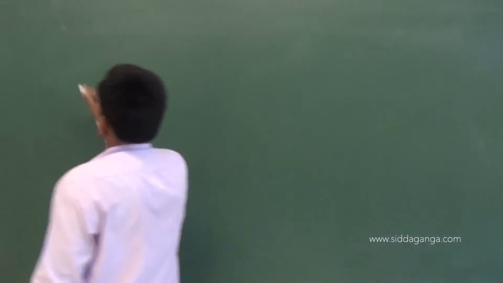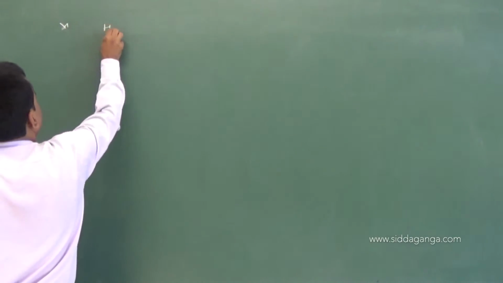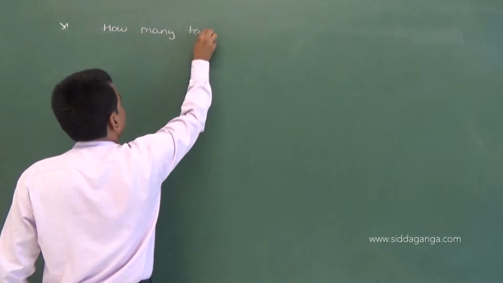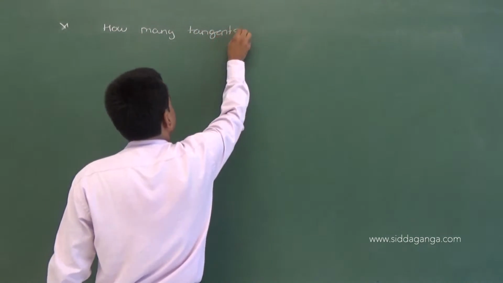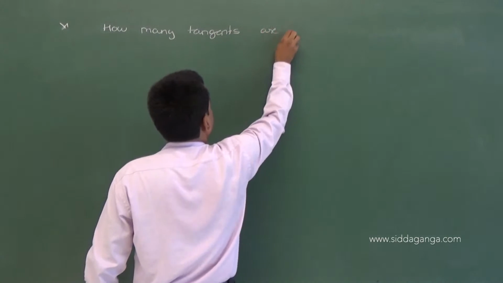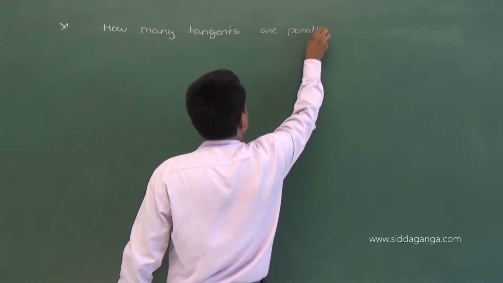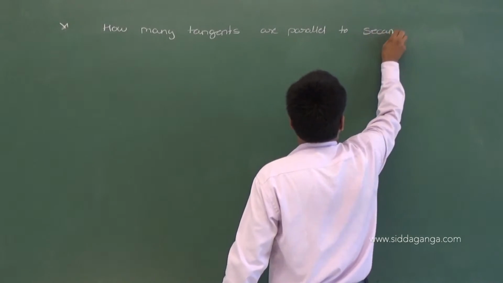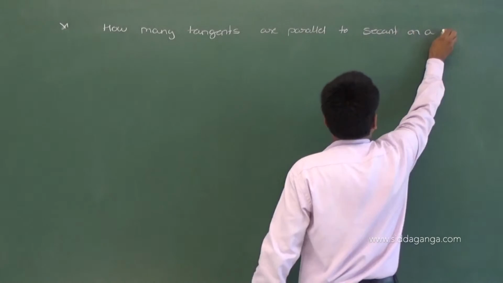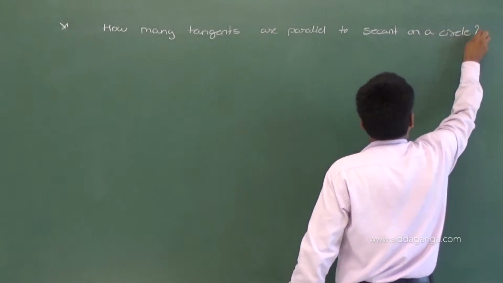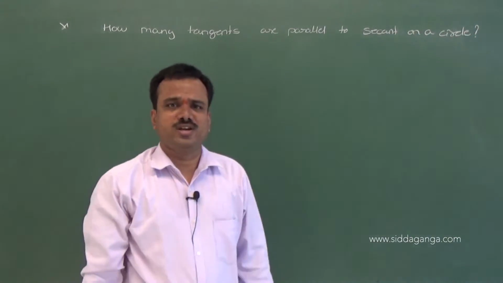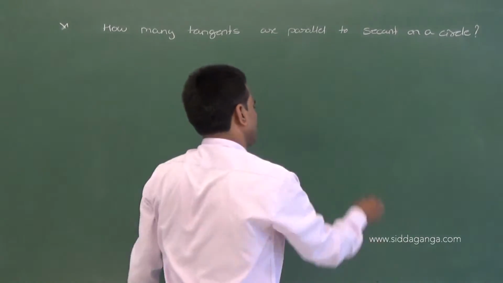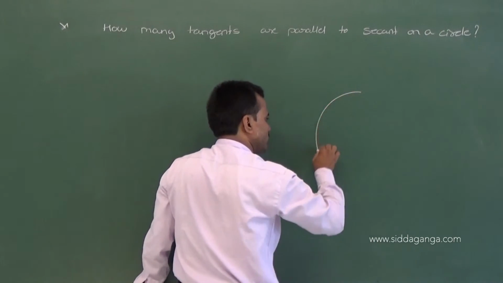One more question. How many tangents are parallel to a secant on a circle? For that one, we draw a circle first.